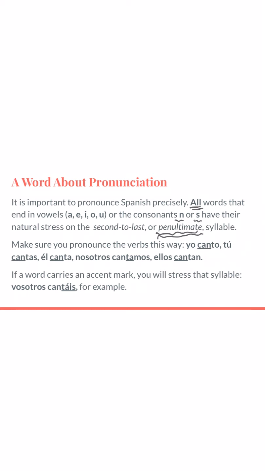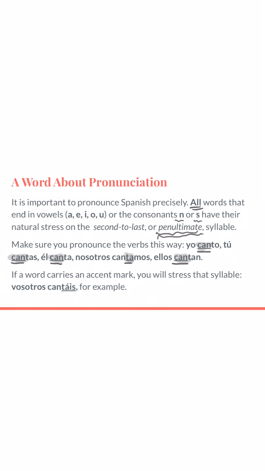Notice what I have underlined here. This is where we put our emphasis. You'll naturally hear this and get in the habit of this as we continue. So the first one we pronounce as yo canto, tú cantas, él canta, nosotros cantamos, ellos cantan. Notice how that stress is where those underlines are.